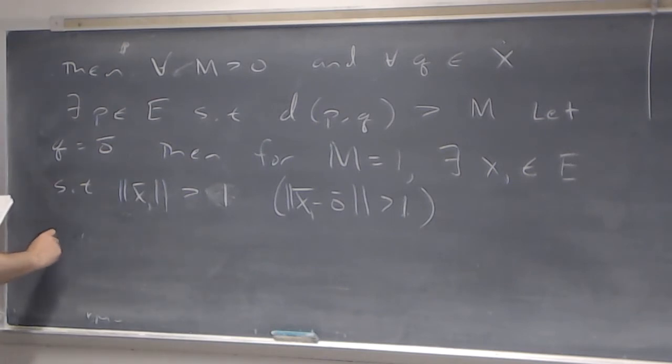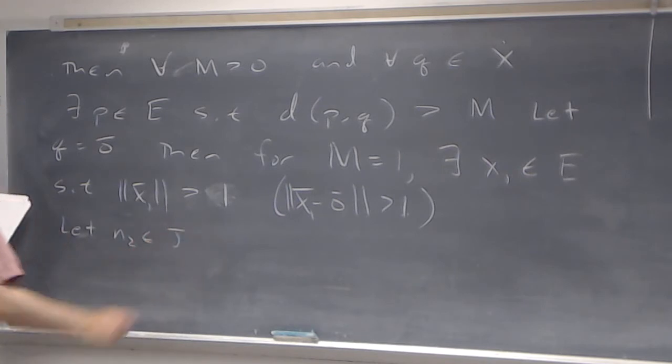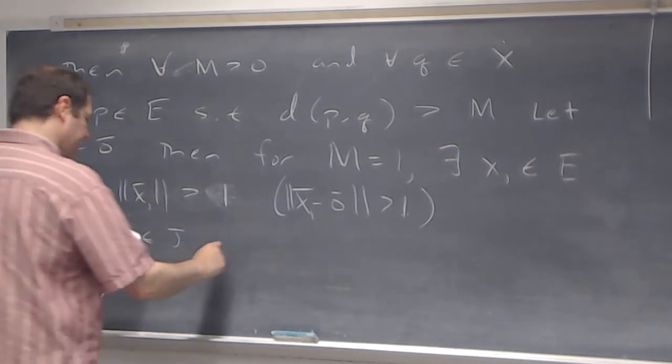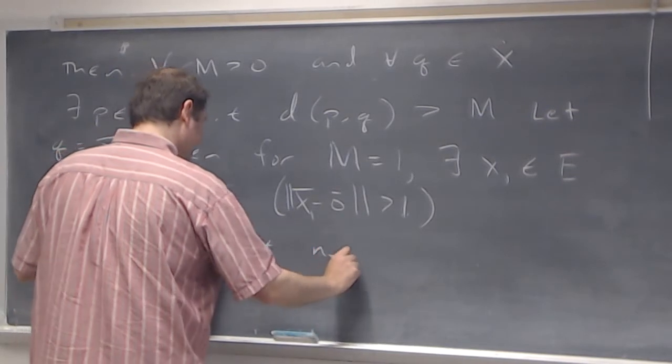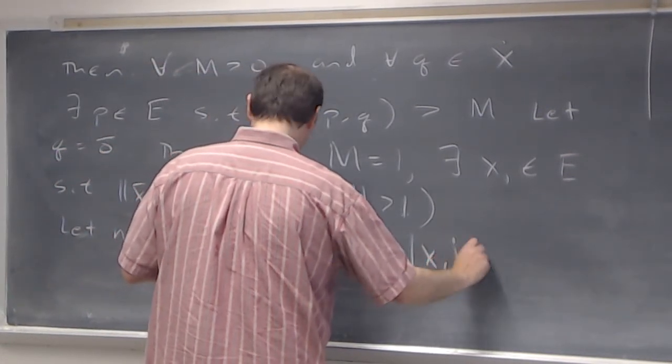Okay, so here we next let n sub 2 be an element of the natural numbers, such that n sub 2 is greater than or equal to the norm of x sub 1 plus 1.